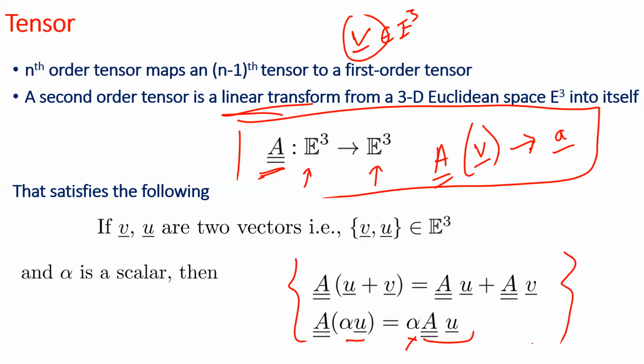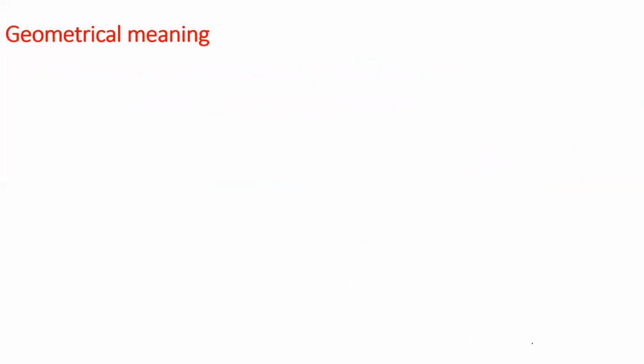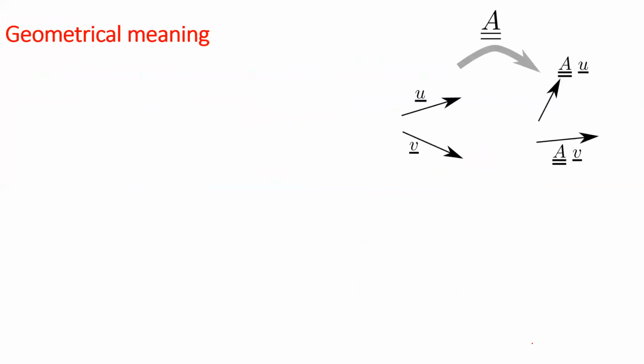We are saying a second order tensor is a linear function from a 3D Euclidean space to itself. It is mapping a vector to another vector. That's what it is doing. So geometrically, what does it mean? If you have two vectors, u and v, or for that matter any number of vectors, let's consider u first. A tensor A is acting on this vector u, and it has become a different kind of arrow.